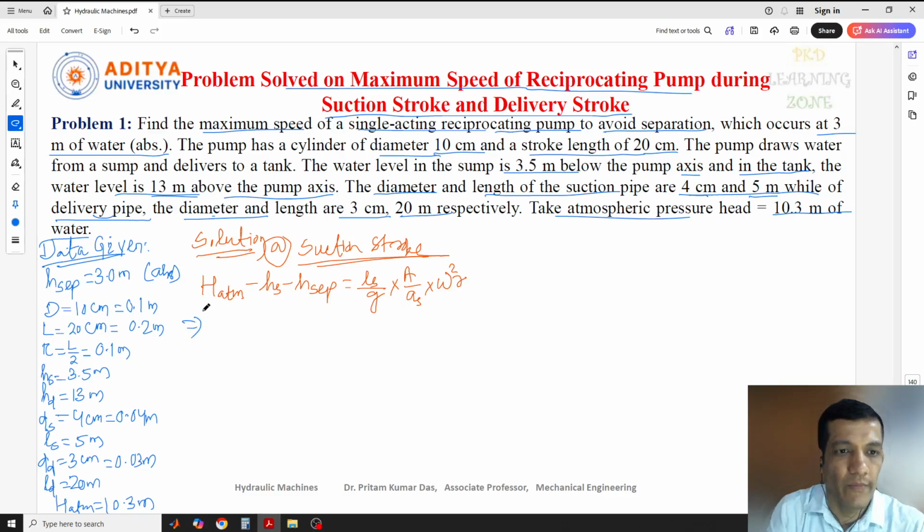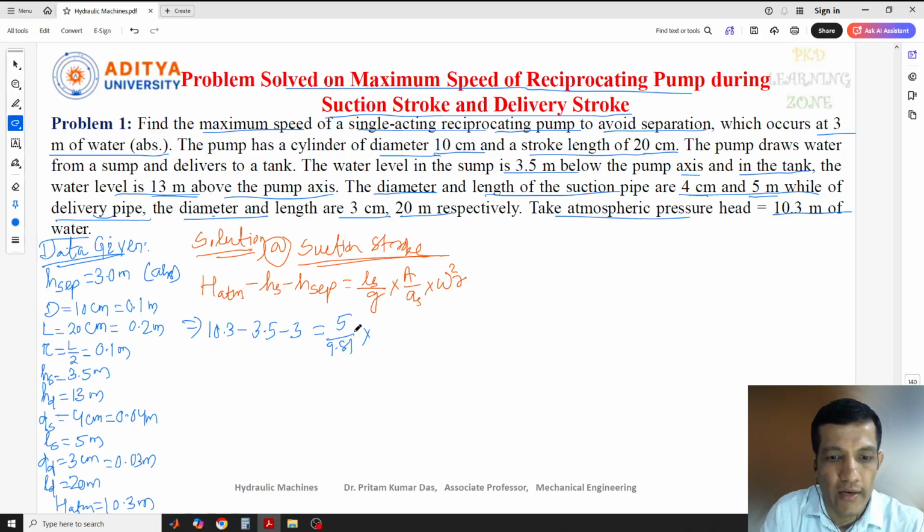So while solving this, let us write down these values. What are the values we have? H_atm is 10.3, minus H_s, H_s is given as 3.5, and H_separation is given as 3, and the length of the suction pipe is 5 meter divided by 9.81 into the area of the cylinder, which is pi by 4 D square, and this will be pi by 4 d square again.